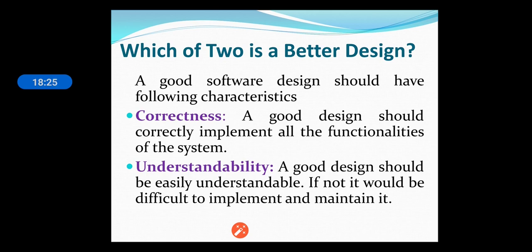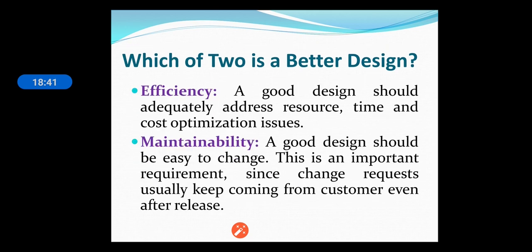So we have certain characteristics. If a design has these characteristics, then we can say that particular design is a good design when compared to other designs. What are those characteristics? Correctness, understandability, efficiency and maintainability.